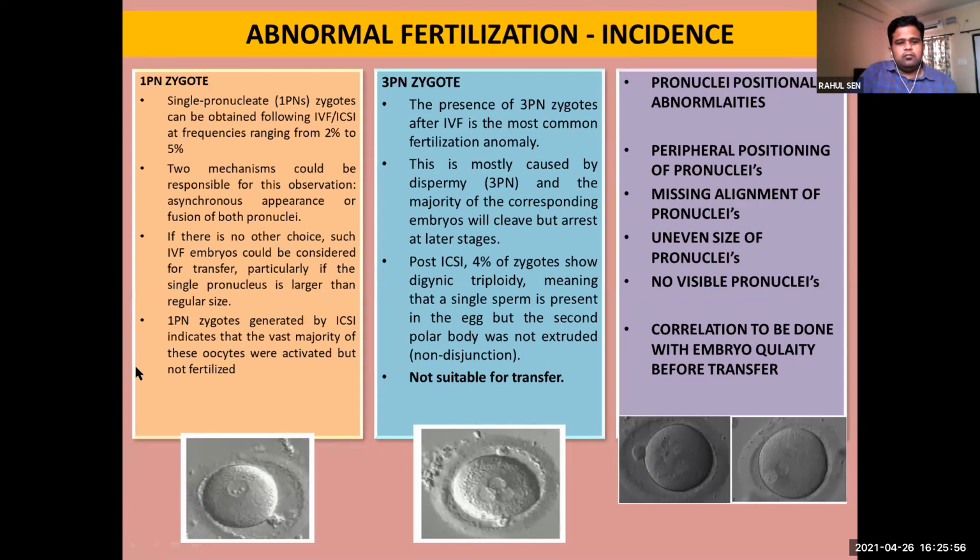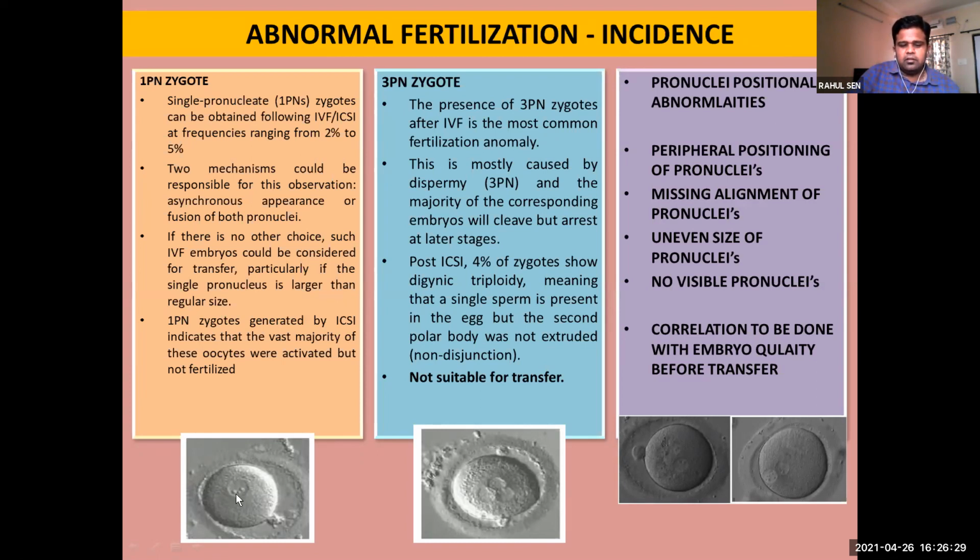It can be due to asynchronous appearance, or the fusion has already been done if it is a normal looking zygote, so we might end up seeing it as a single pronucleate zygote. Generally in ICSI, if only one PN is seen in the zygote, that can be an indicator that the oocyte may not have activated but has fertilized.